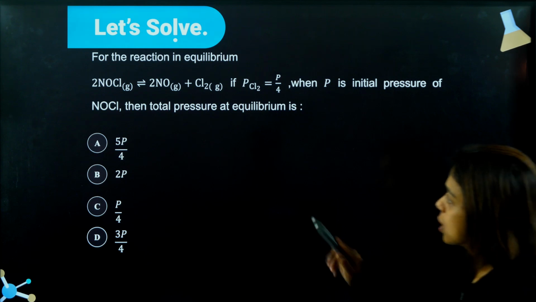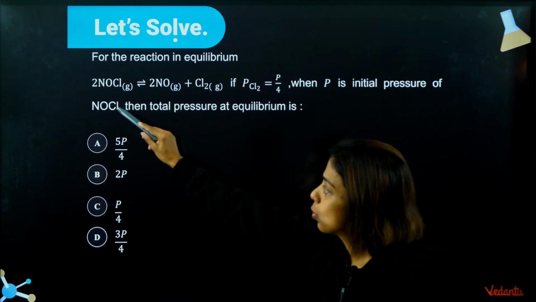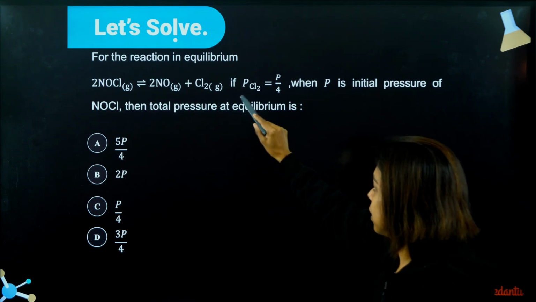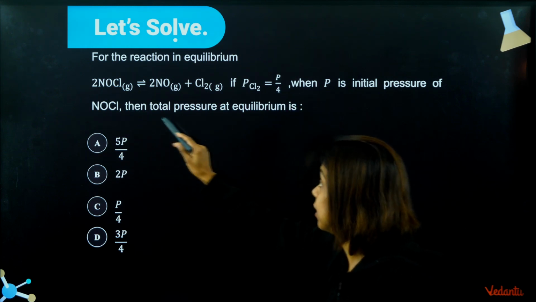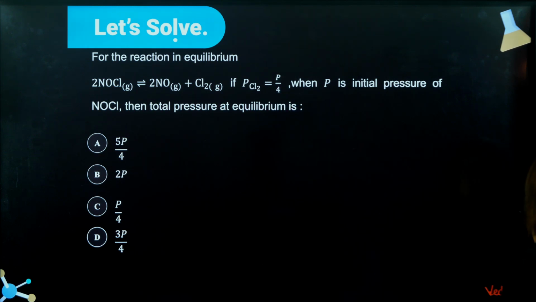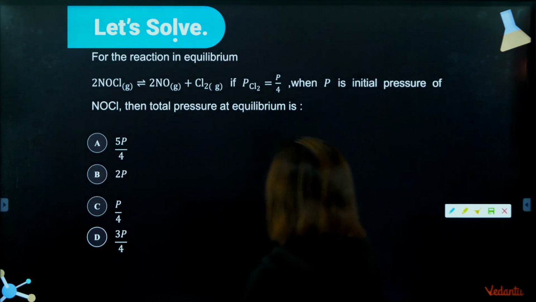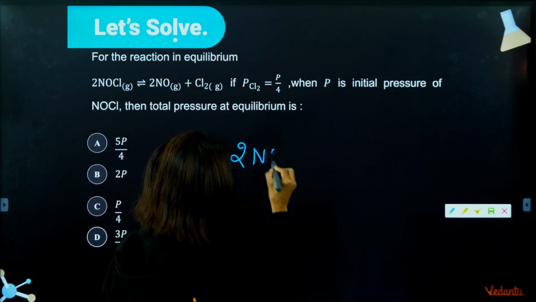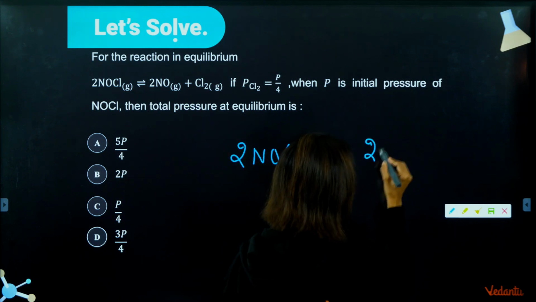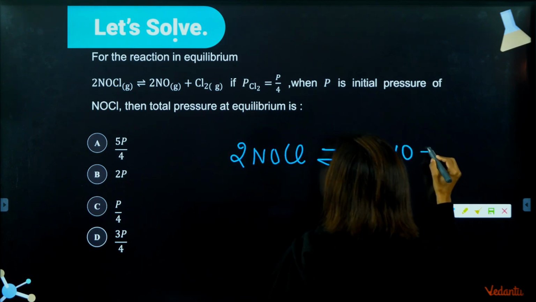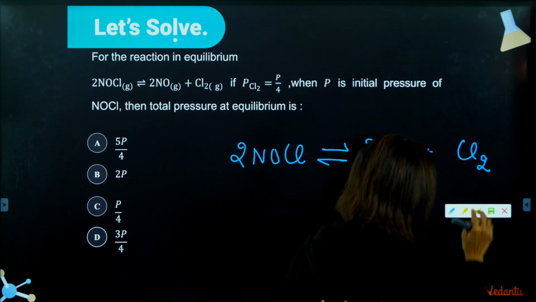Now the question is, for the reaction in equilibrium, 2NOCl gives 2NO plus Cl2, if the pressure of Cl2 is P by 4, when P is the initial pressure of NOCl, then find the total pressure at equilibrium. So there is this reaction given to us, 2NOCl, all gases involved in the reaction, 2NO plus Cl2, right?